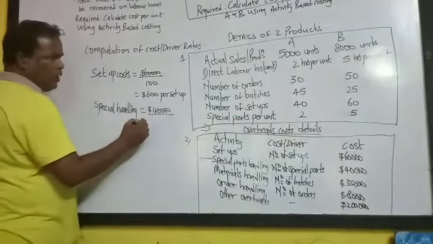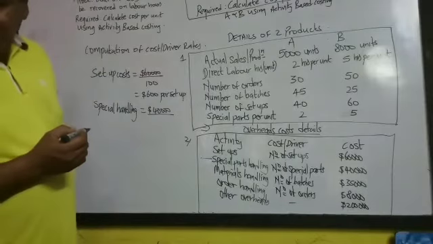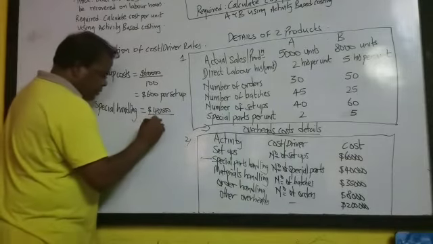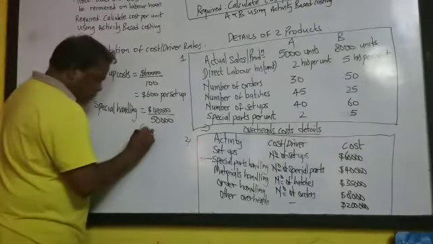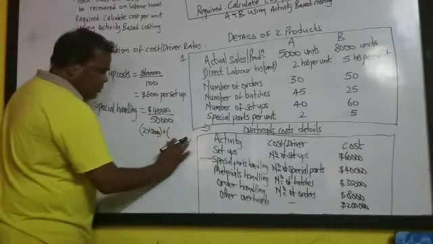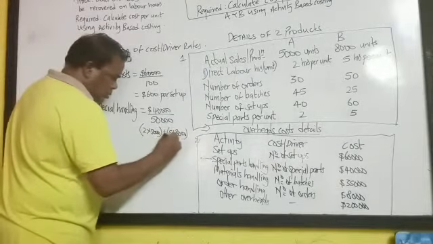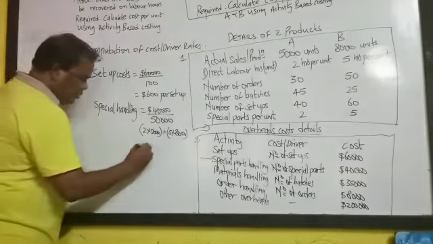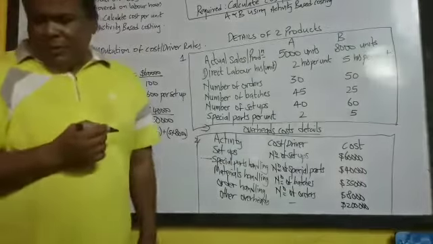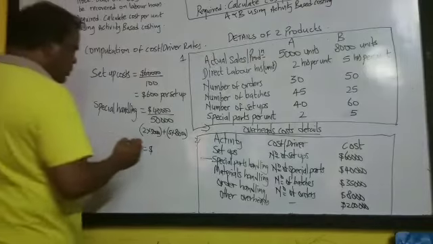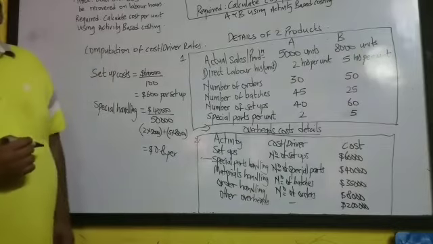We calculate it here: 2 times 5,000 plus 5 times 8,000, 10,000 plus 40,000, that gives us 50,000. So special handling parts, 40,000, we divide by 50,000, that gives us 0.8 per special part.